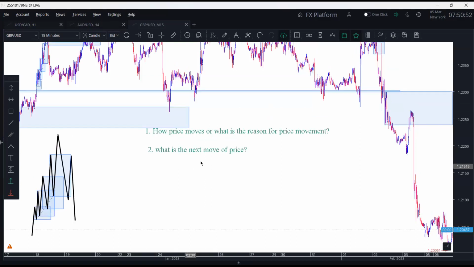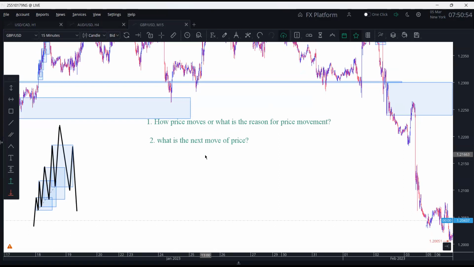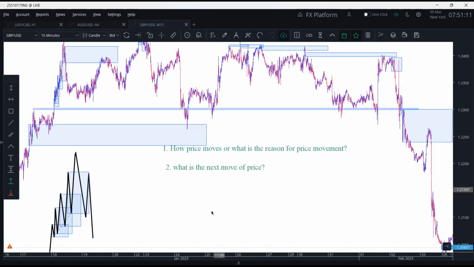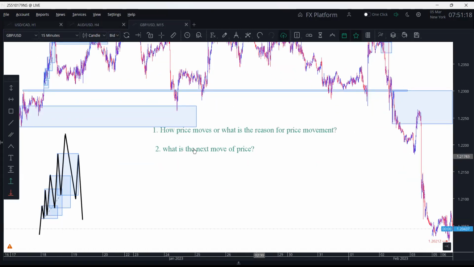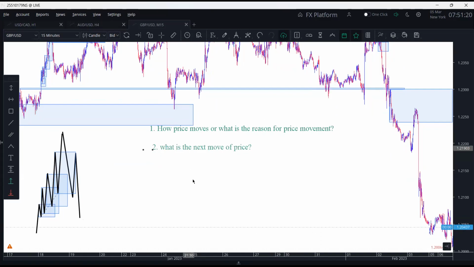What is the next move? Okay, we want to make a profit. If we want to make a profit, we don't need to find out what is the next move of the price. You see, it is really hard to understand, because you should identify the reason for all these highs and lows and all these valleys and peaks, and it could be really exhausting.